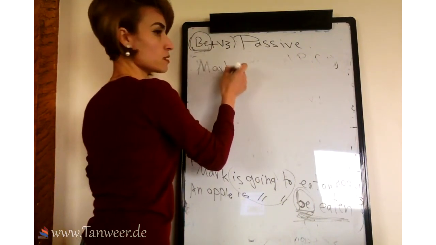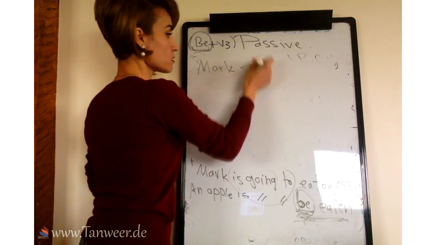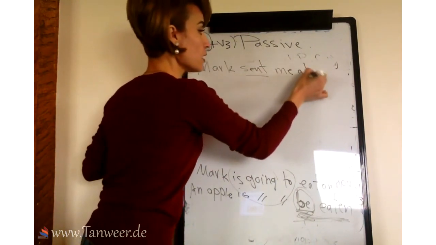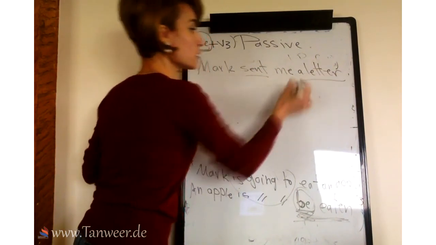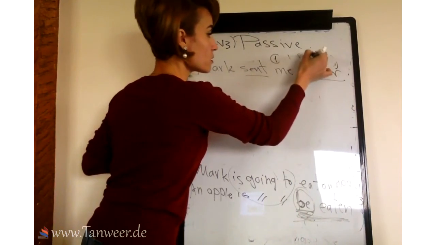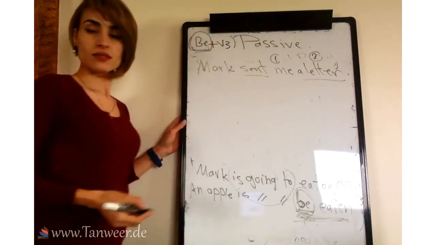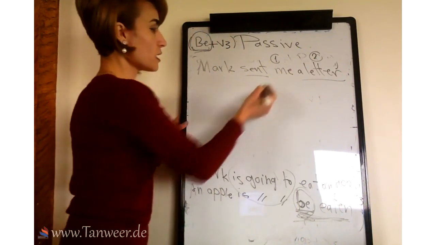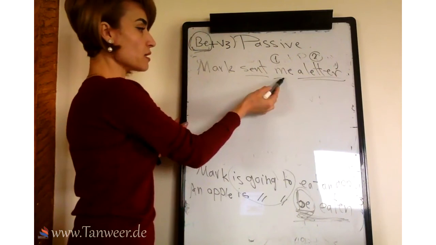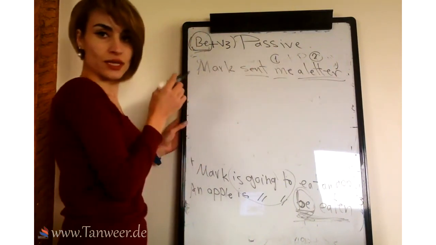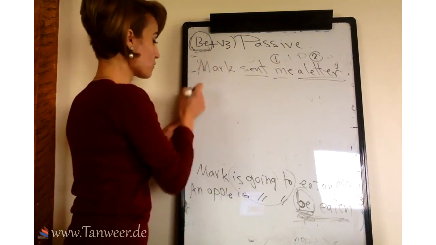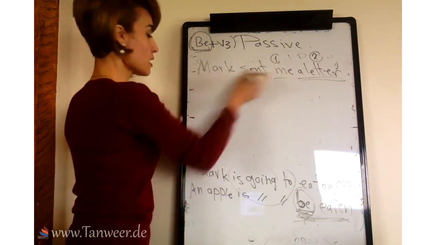Mark sent, this is past, sent me a letter. Object, object. Okay? I have two. He sent who? Me. What? A letter. Okay? So here I can use it in two ways. I have 1, 2.